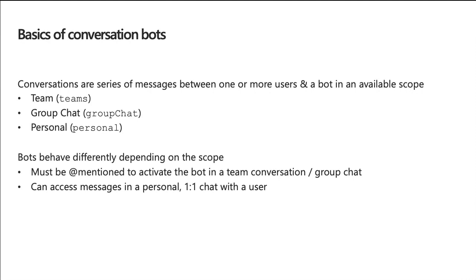All those messages are sent by the user and will be routed to your bot. Each message is an activity object of type message. When a user sends a message, Microsoft Teams posts the message to your bot. Specifically, it sends a JSON object to your bot's messaging endpoint. Your bot is going to examine the message to determine its type and respond accordingly.